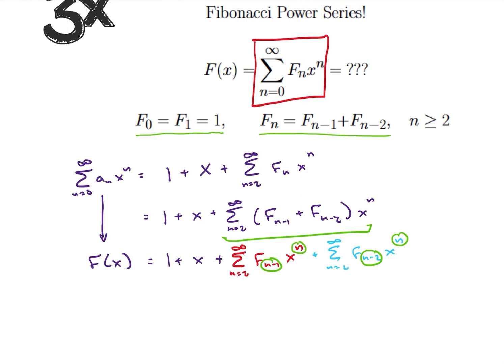We're going to change this to 1 plus x plus, and then this first one, if I multiply by x on the outside and divide by x on the inside, becomes f sub n minus 1 times x to the n minus 1. We're going to do the same thing here, but since I want this to be an n minus 2, I'm going to multiply by x squared to get the sum from n equals 2 to infinity of f sub n minus 2 times x to the n minus 2.